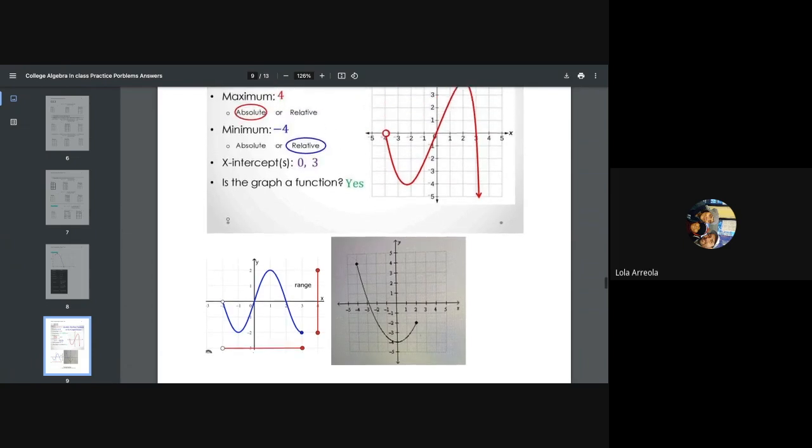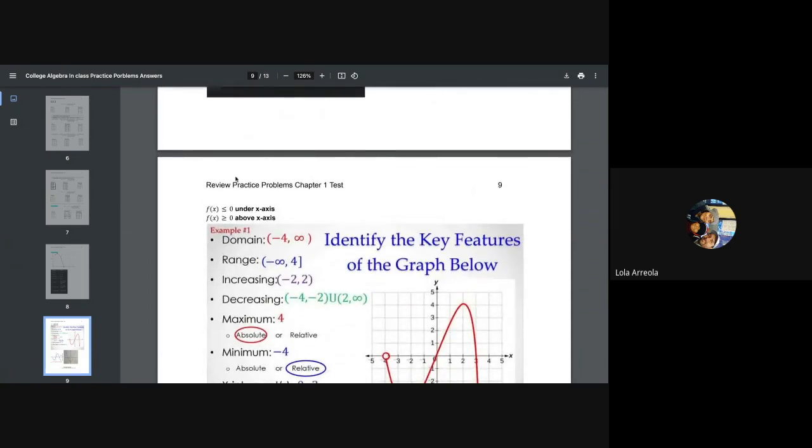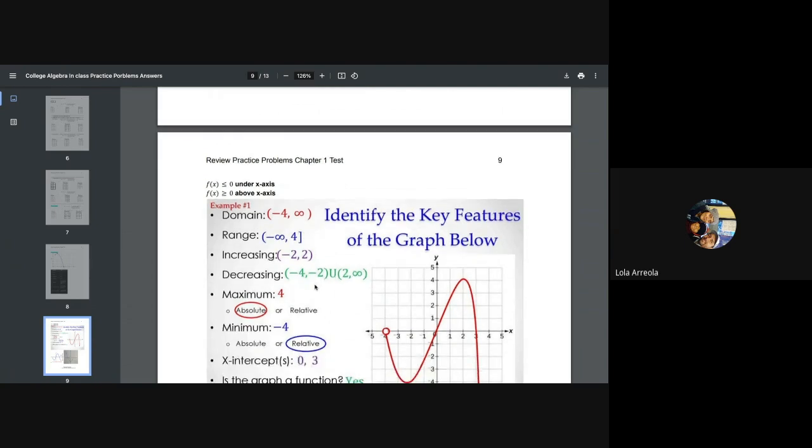One of the questions on the exam as well is, when is f of x less than or equal to 0? I wrote down: under the x-axis, f of x is less than or equal to 0, and above the x-axis, f of x is greater than or equal to 0. So what is f of x again? My y. So when is my output less than or equal to 0?